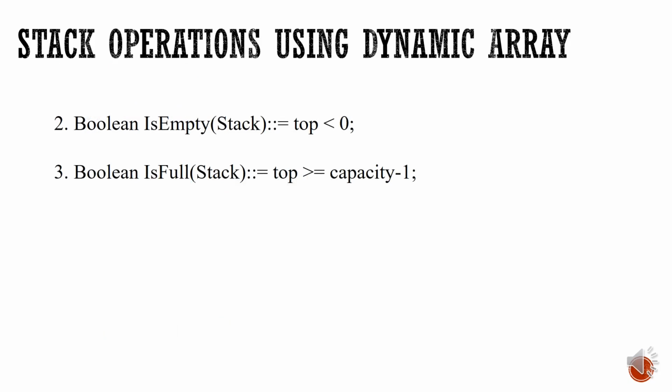The same is the empty case. When the top is less than 0, it will return true, or else it will return false. Next is the full case. Whenever the top is greater than or equal to capacity - 1, we return a true value, or else we will return the false value.